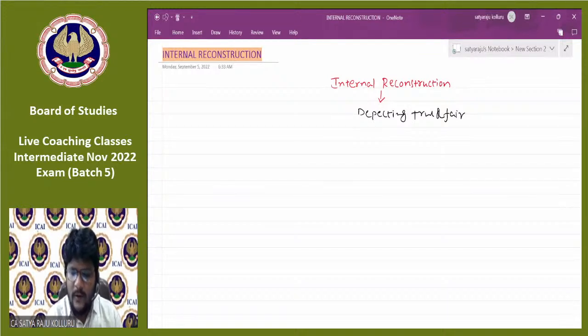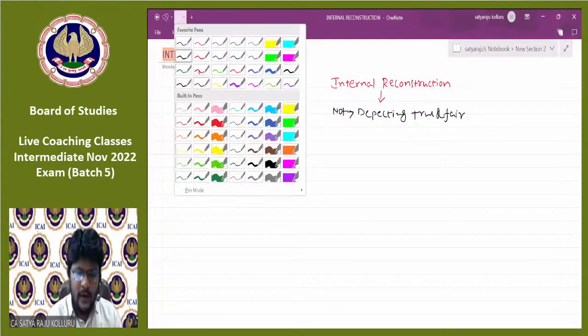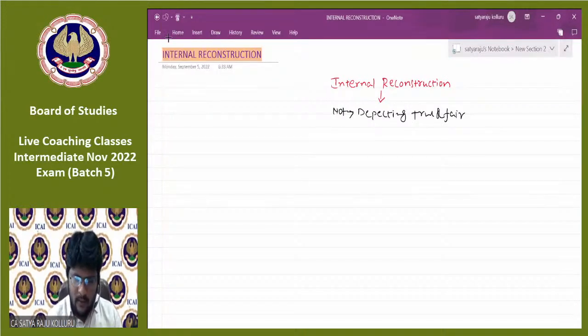That means, simply speaking, when the financial statements are not depicting a true and fair picture, then such companies will go for internal reconstruction.